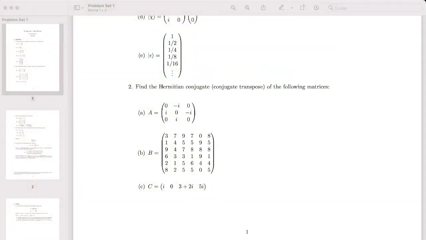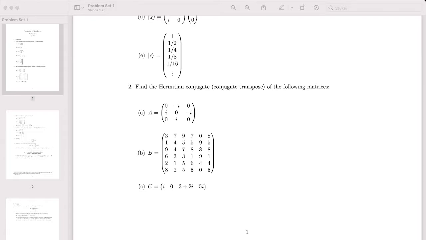The second one is a quite big matrix. It's a 6 by 6 matrix, but observe that all entries of this matrix are real numbers, right? If we have a real number, its name already tells us that it has only the real part, so it has no imaginary part. So there is no imaginary part to put minus before, right? So it doesn't change. So the conjugate of each real number is just itself, right?